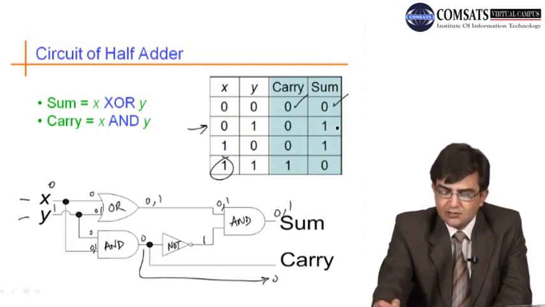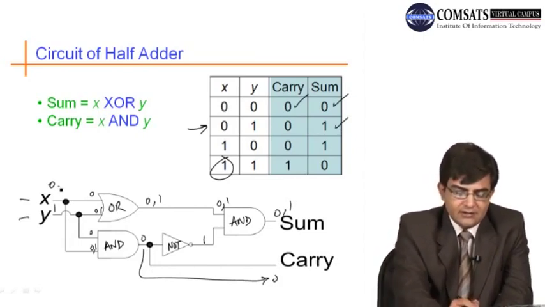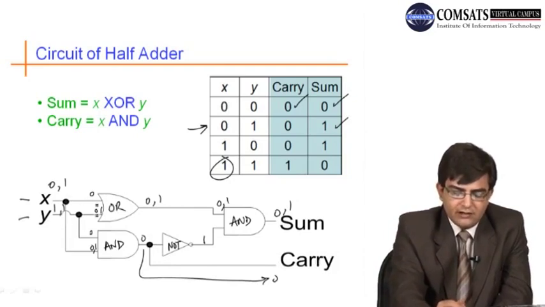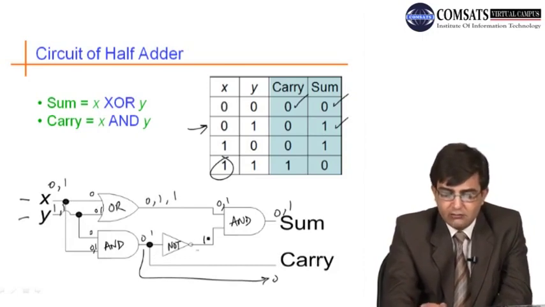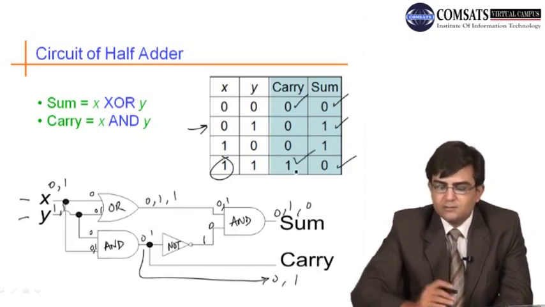So sum in this case is 1, and carry comes again 0. When both X and Y are 1, we have 1 1, we get 1 here, and when we apply NOT, we get 0 here. With 1 and 0, this gives us 0 sum. We have 1 here, this comes again here as 1, so carry is 1.